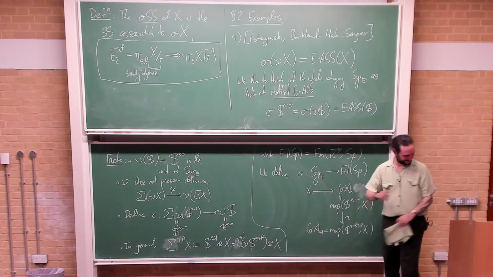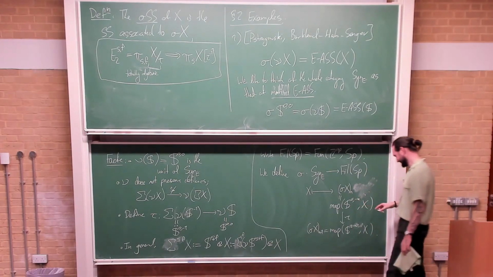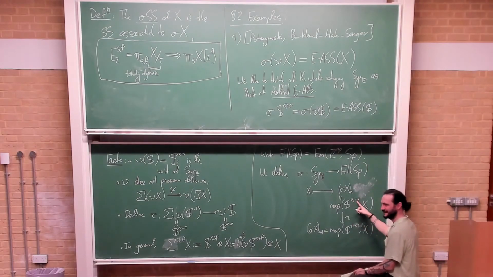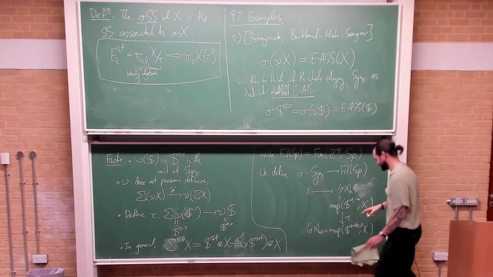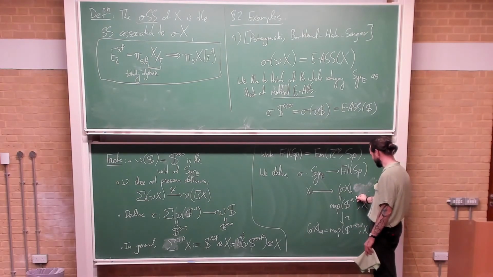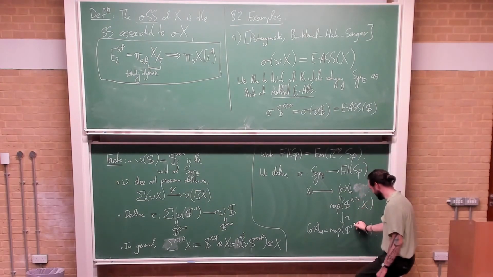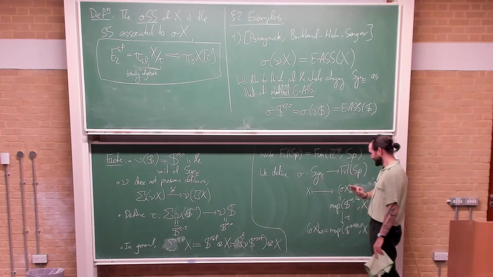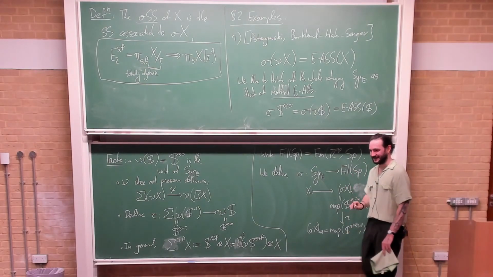Sorry, 0n and 0n plus 1. You need 0n minus 1. I'm trying to think of the most diplomatic way to deal with this.